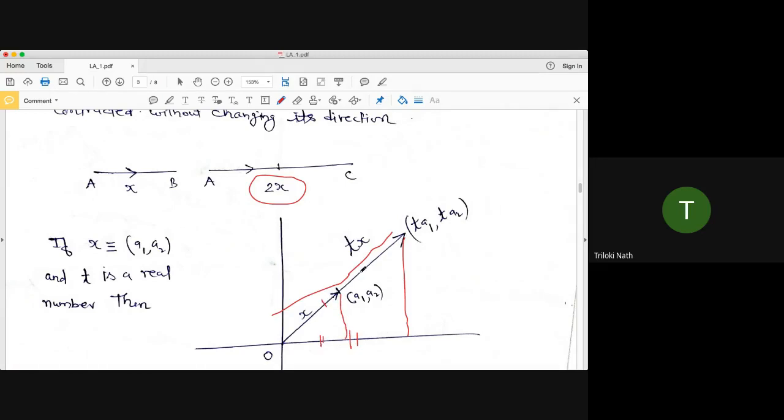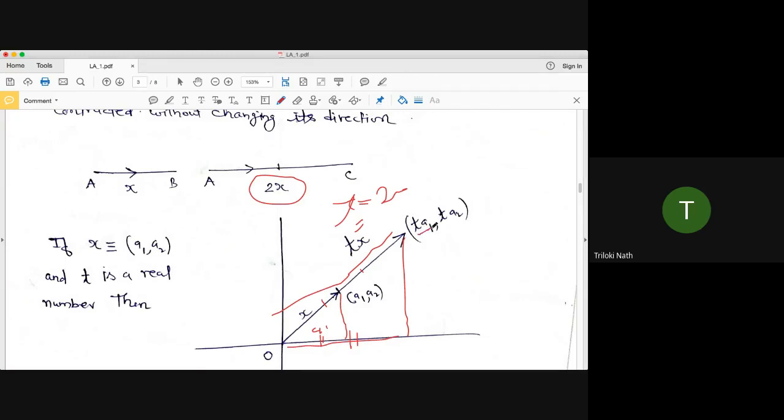If this is 1, this is 1, then 1 plus 1 is 2. Suppose your t is equal to 2, which means twice x. So this will be 1, then this will be 1. Similarly, this will be 1, then this will be 1. So as usual, if this is a1, then the total will be 2a1.